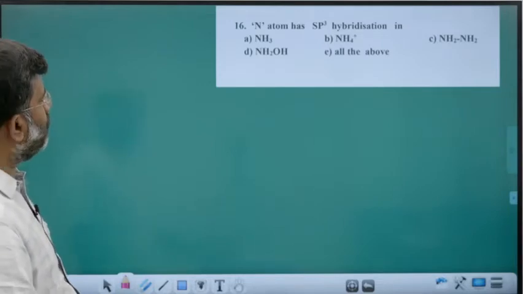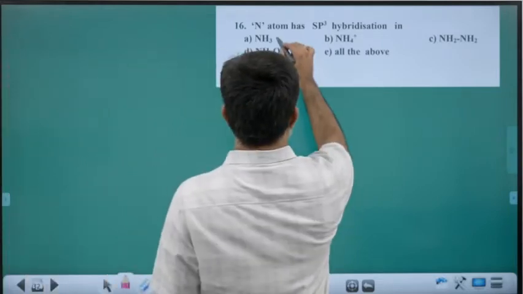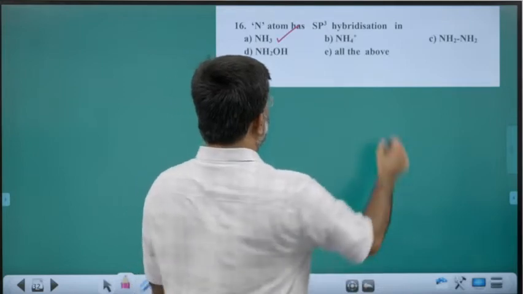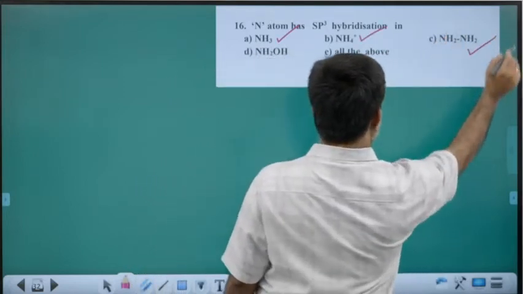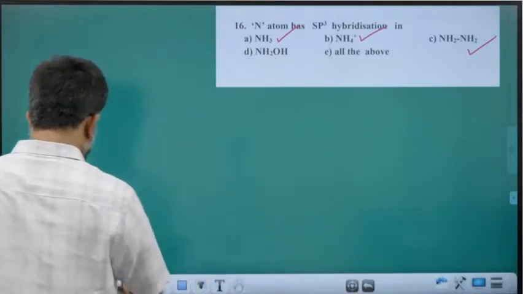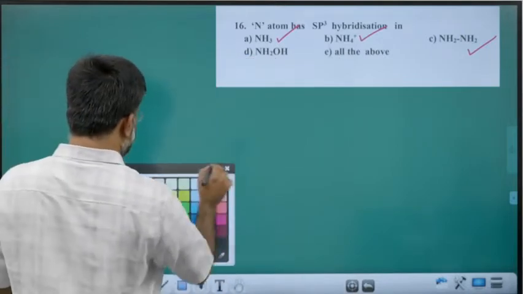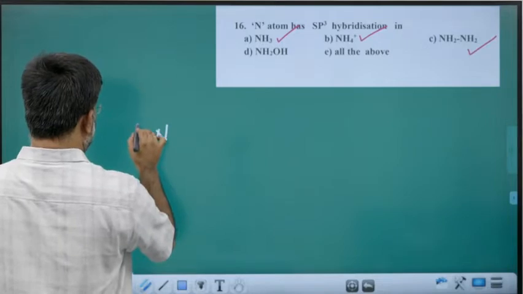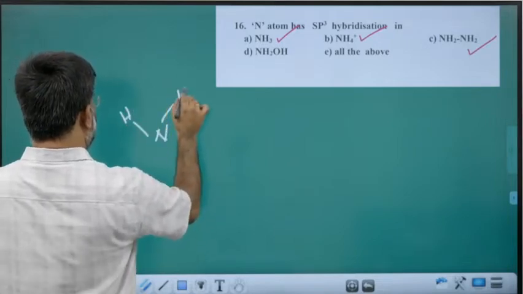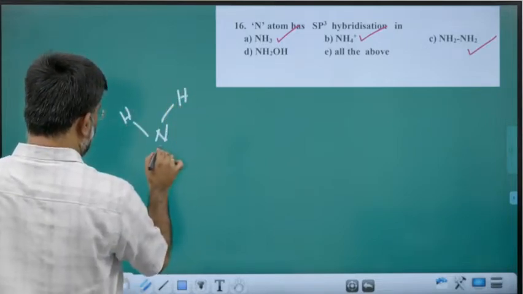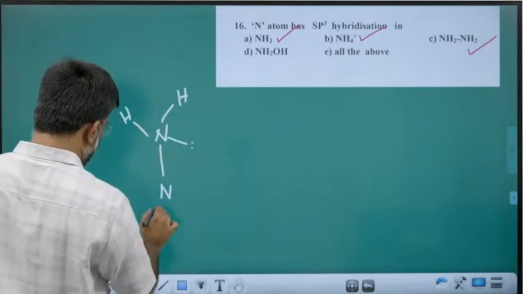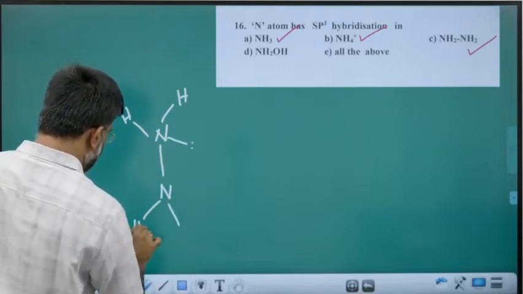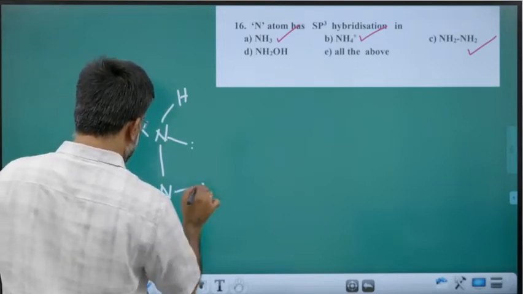Nitrogen atom sp3 hybridization. Here it is sp3, pyramidal. This is sp3 tetrahedral, and this is also sp3, hydrazine. You see that nitrogen is connected to nitrogen, hydrogen and one lone pair, and that is connected to two hydrogens and a lone pair.